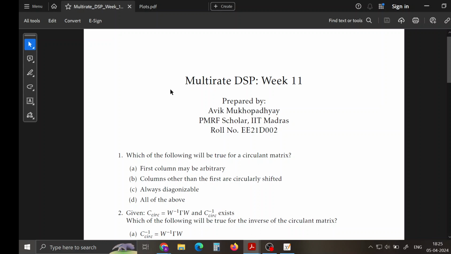We have expressed the circulant matrix as a product of three matrices: the IDFT matrix, followed by a diagonal matrix, and then the DFT matrix. So indeed it is a diagonalizable matrix. So all the three options A, B and C hold true, and so option D, which states all of the above, is the right option for this question.